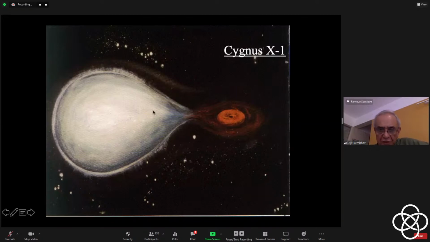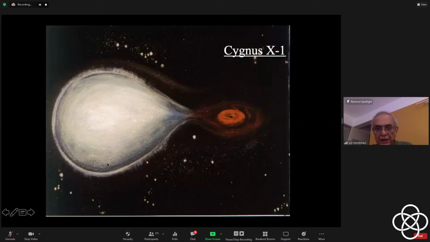When it is greater, you will get what is known as a high mass X-ray binary. A high mass X-ray binary is unstable because the transfer of mass can quickly become unstable, and they have a relatively small lifetime of 1 million years or so.